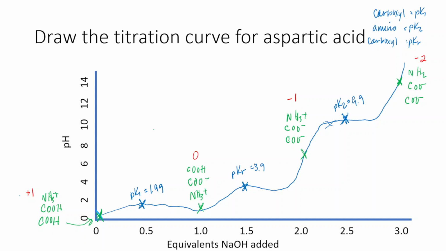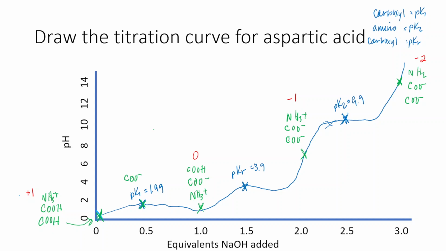Right, so now we can fill in our half equivalence points. So at our first pK, our first half equivalence point, which group is half protonated, half deprotonated? Yeah, the carboxyl group that's on the backbone, exactly.